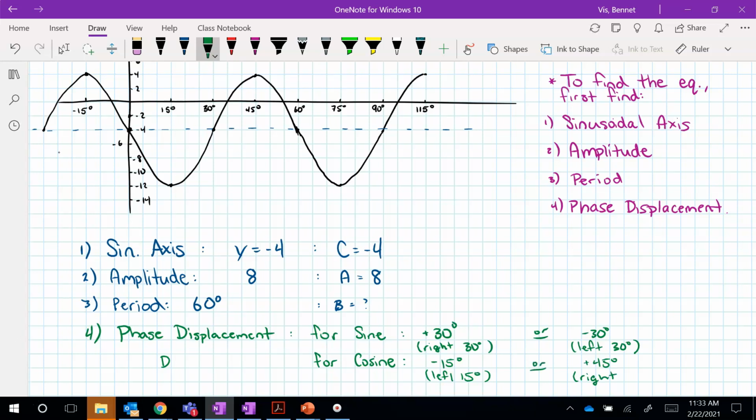Both of these are possible ones, and really every 60 degrees after that. I could shift this out 105 degrees, 165 degrees, and I can keep going out from there.